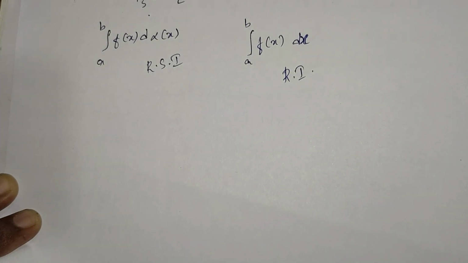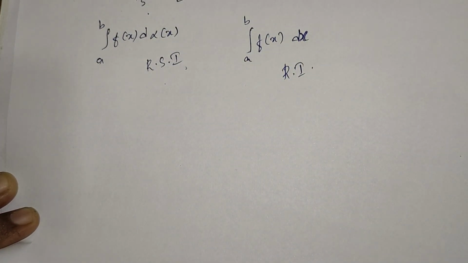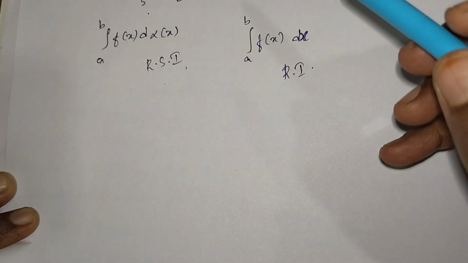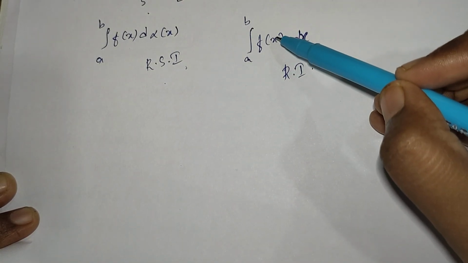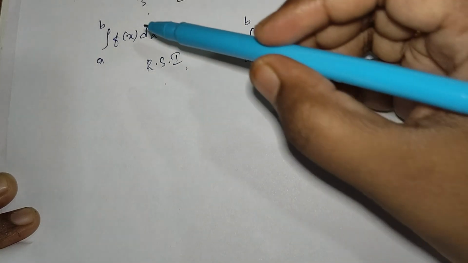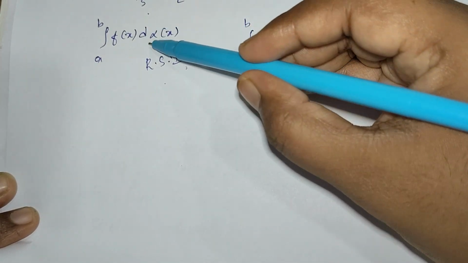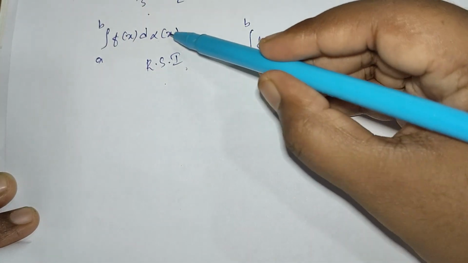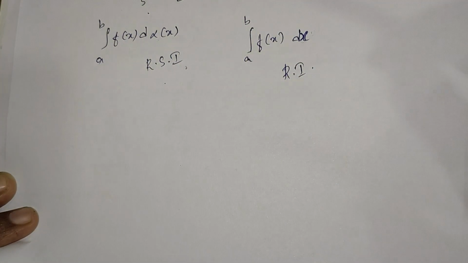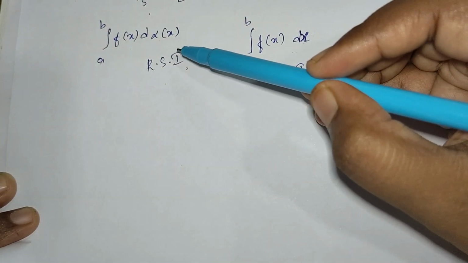So this is the difference between the Riemann Stieltjes integral and the Riemann integral. See here, this is integrating with respect to a variable, and this we are integrating with respect to a function. This is just x and this is a function of x. So this is the difference between the Riemann integral and the Riemann Stieltjes integral.